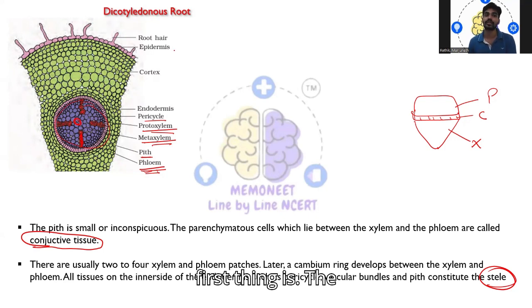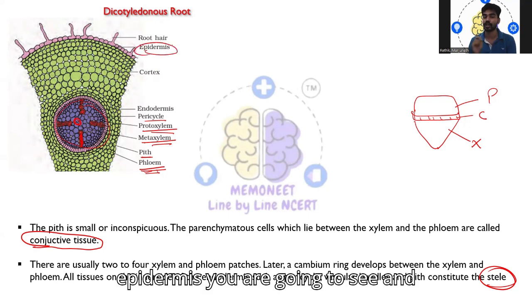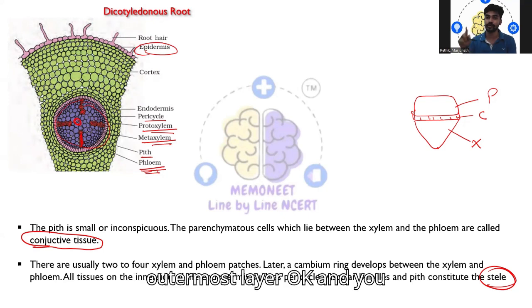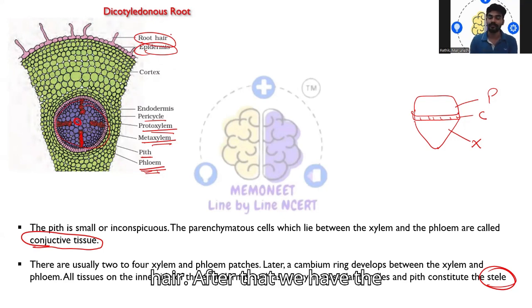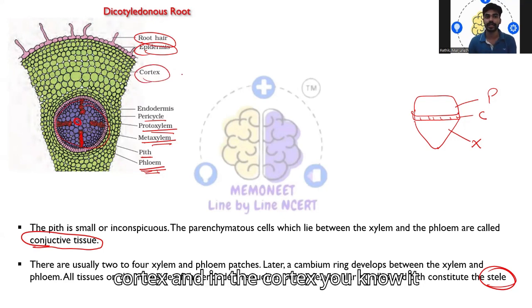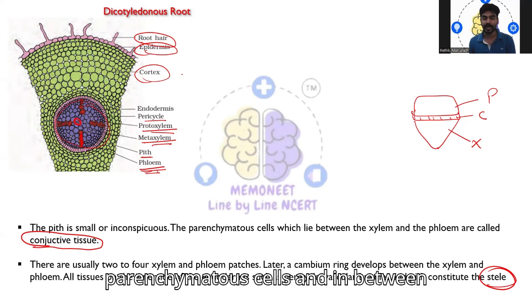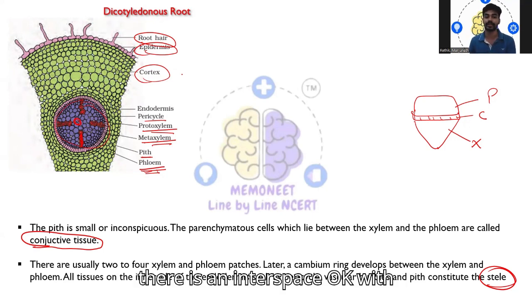First thing is the epidermis, the outermost layer, and you will also observe a root hair. After that, we have the cortex, which consists of thin-walled parenchymatous cells with intercellular spaces in between.